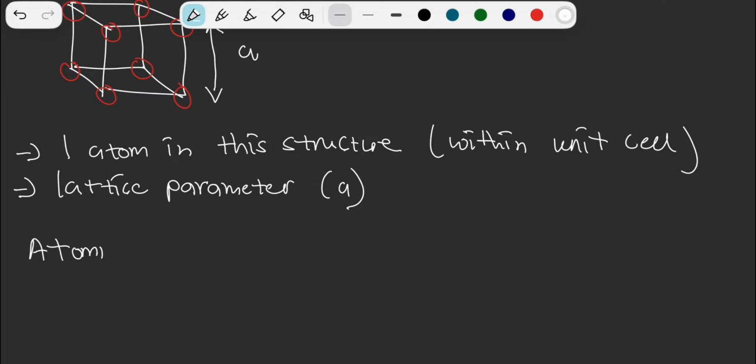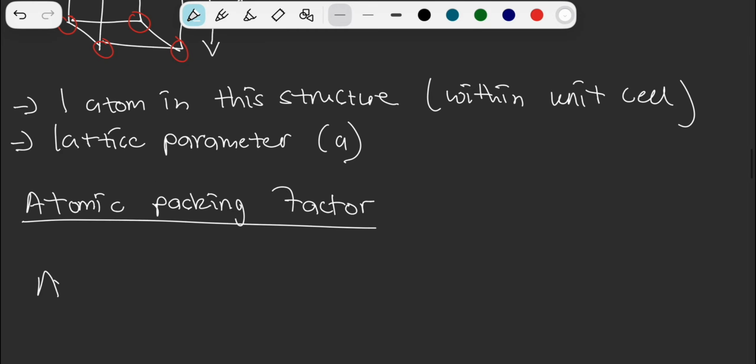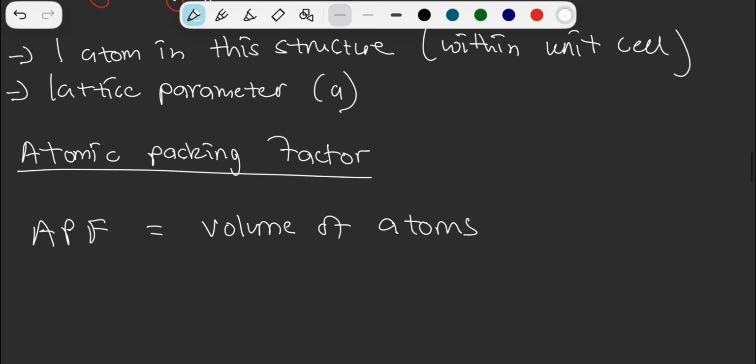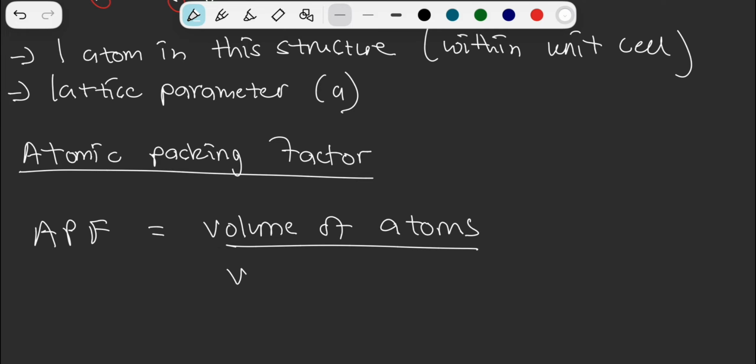Another important thing that we're going to introduce is the atomic packing factor. How packed is this thing? I'm going to call this the APF. It's basically the ratio of the volume of atoms, how much volume those atoms occupy, divided by the volume of the cell.